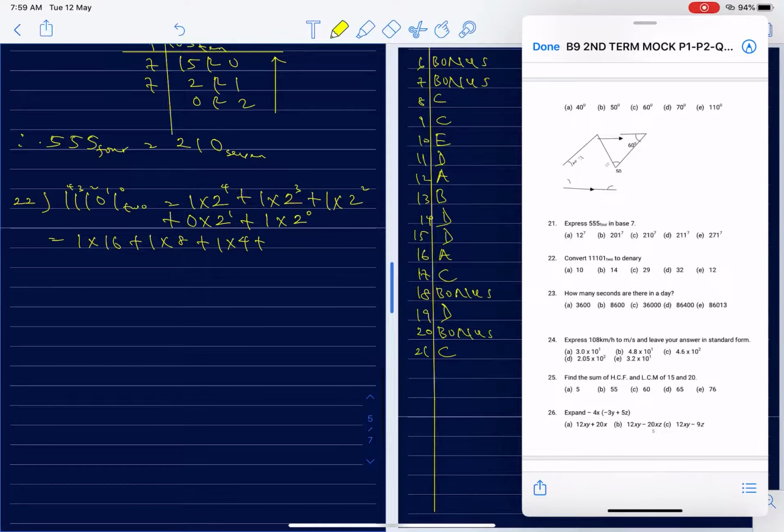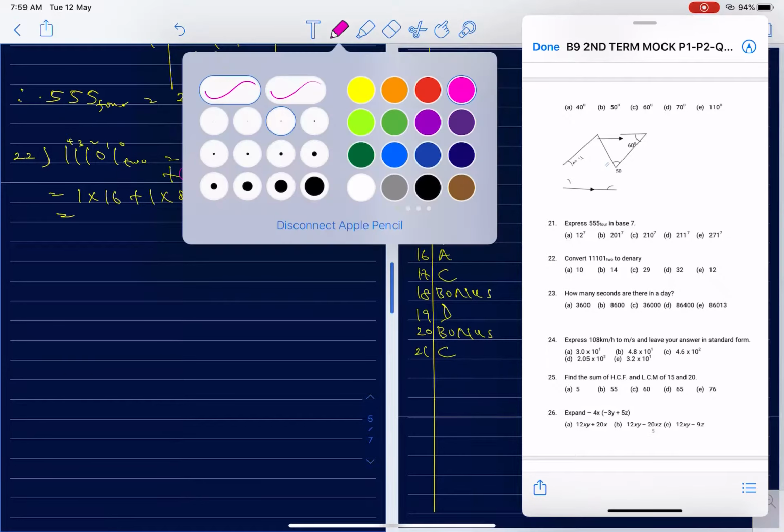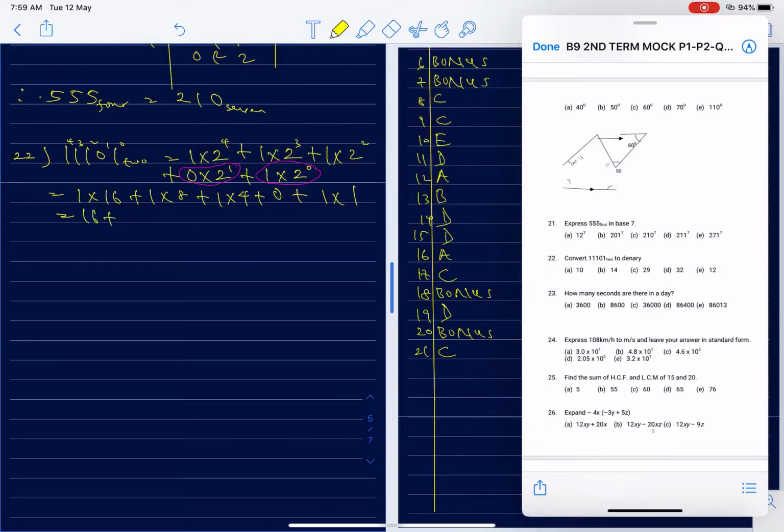And that's going to become 1 times 16, since 2 raised to power 4 is 16, plus 1 times 8 plus 1 times 4 plus 0, because anything times 0 is 0. 0 times 2 raised to power 1 is still 0, plus 1 times 1. And we know that anything raised to power 0 is 1. Now that means 16 plus 8 plus 4 plus 0 plus 1.